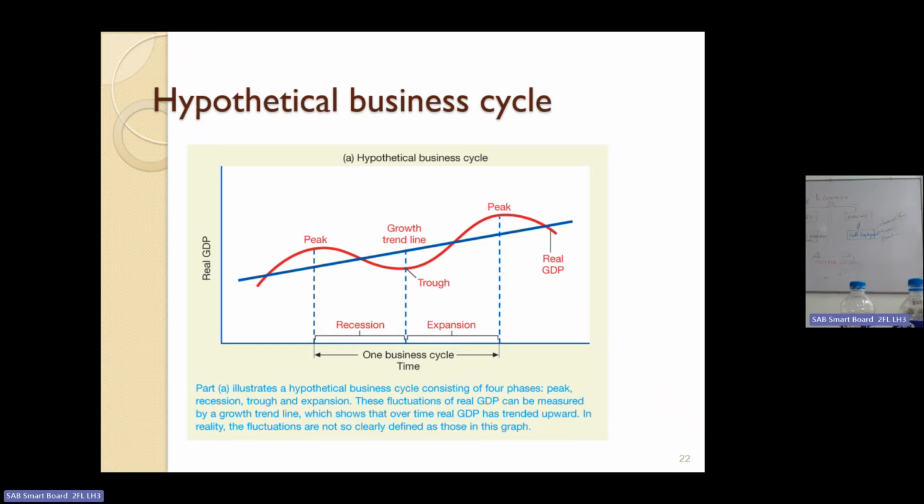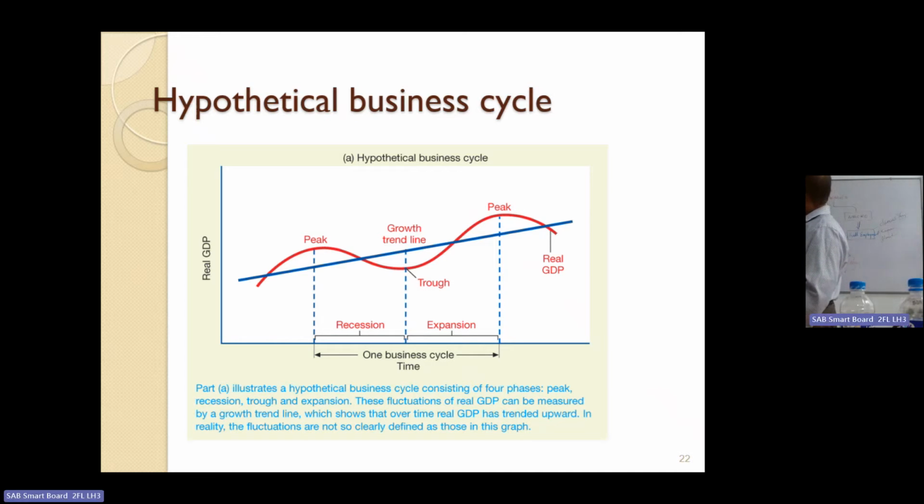There we see the expansion of output and the contraction of output, and the peak point and the minimum point. Those are the different phases in the business cycle: expansion, contraction, maximum point and minimum point.